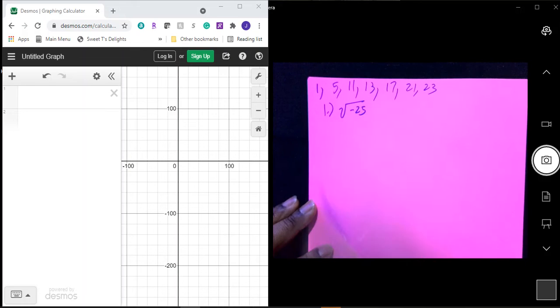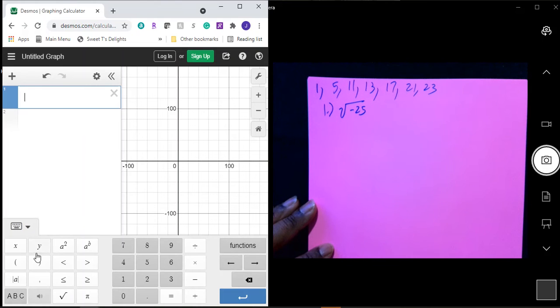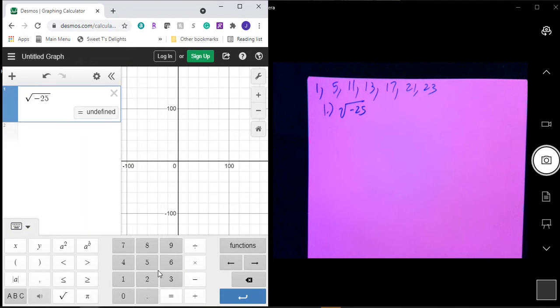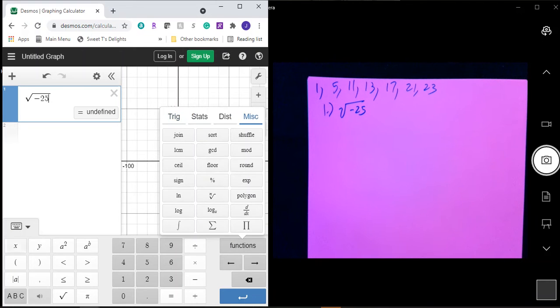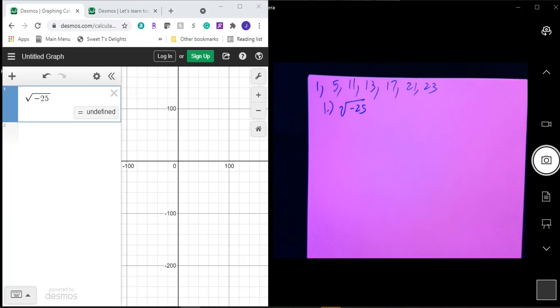Okay, now, starting with problem number 1 on page 447, we have the square root of negative 25. Now, we could go here to our calculator. See, we have the square root of negative 25, and it has it as undefined. We cannot put that in Desmos. It'll be listed as undefined.